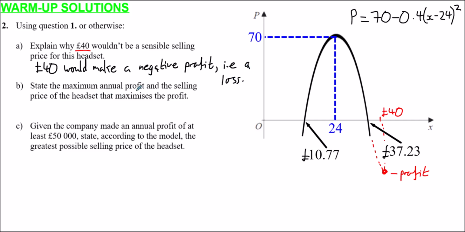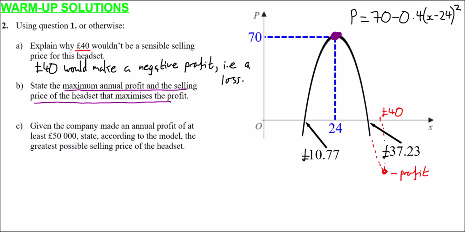B, state the maximum annual profit and the selling price of a headset that maximises this profit. That's just interpreting in context the maximum point. So the maximum point's here. So all we're doing is just interpreting that in context. So the maximum annual profit is £70,000.